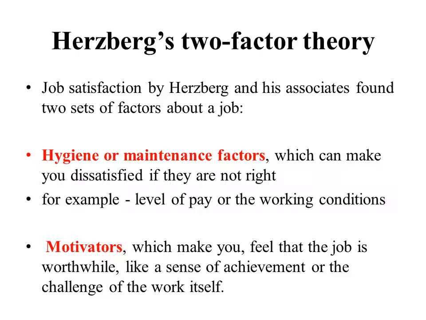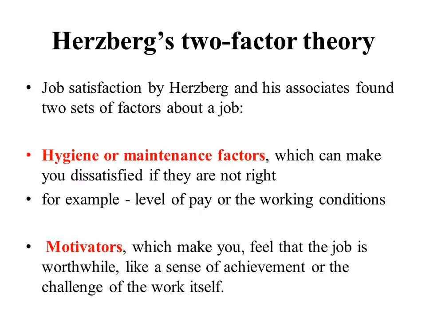This is the theory provided by the scientist Herzberg. Some things about the job can make you dissatisfied. If the causes of dissatisfaction are removed, this does not necessarily make the job more exciting.